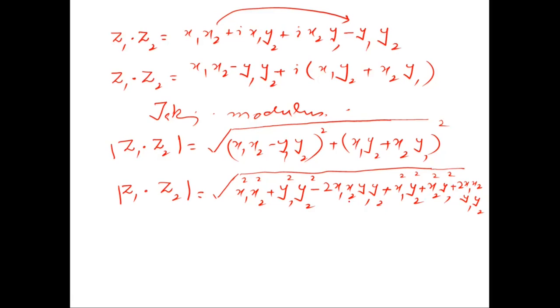So minus 2 x1 x2 y1 y2 is cancelled by plus 2 x1 x2 y1 y2.